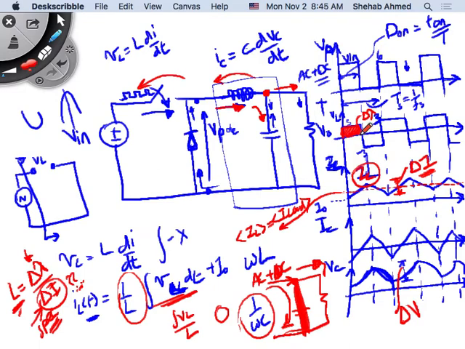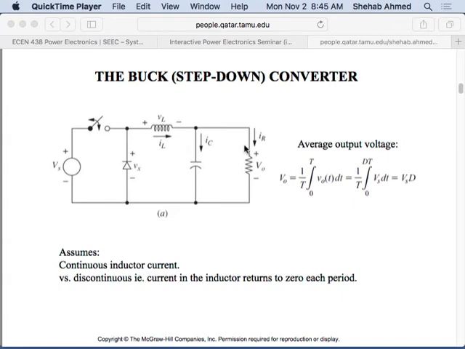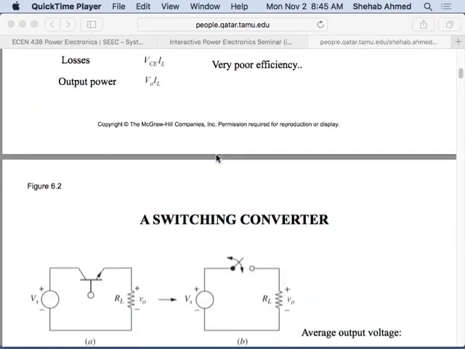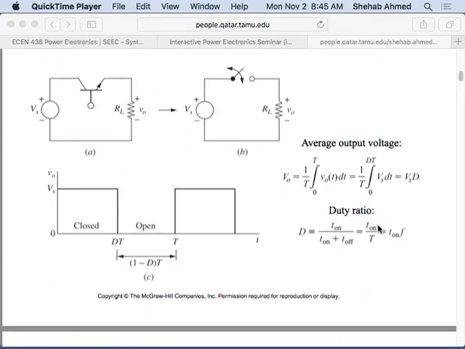These waveforms will shrink, so the area here will become smaller. The duty ratio will remain the same, because if you go back to the slides, if I want a certain output voltage, my duty ratio will always have to be a fixed value.